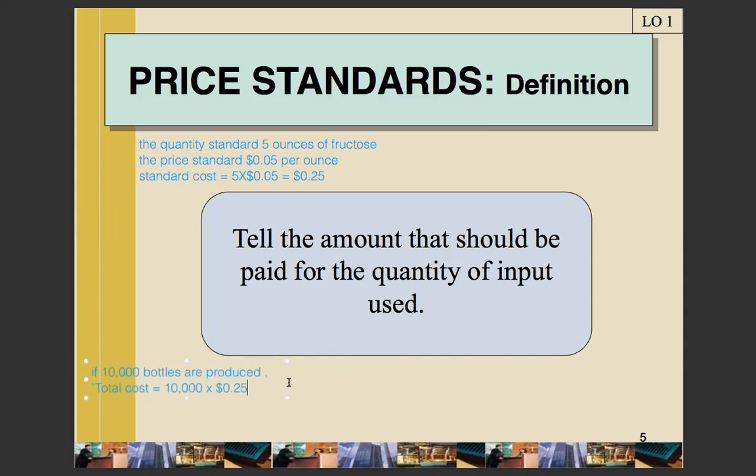And how about, for example, if they produce around 15,000 bottles? So the total cost would be 15,000 times 0.25.